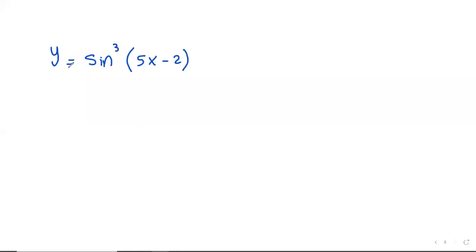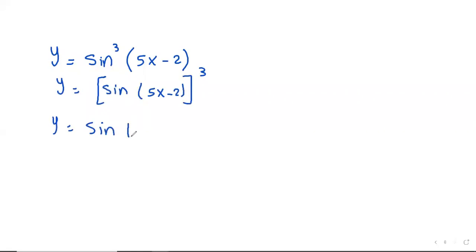If y equals sine to the power of 3 of 5x minus 2, we can write it as y equals sine 5x minus 2 all to the power of 3. In this case, we can write it as y equals sine t all to the power of 3, and t is equal to 5x minus 2.